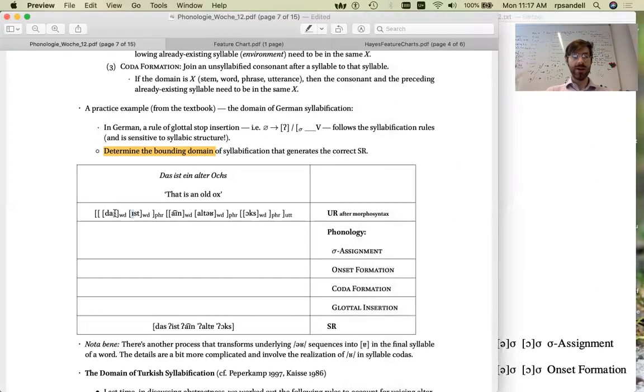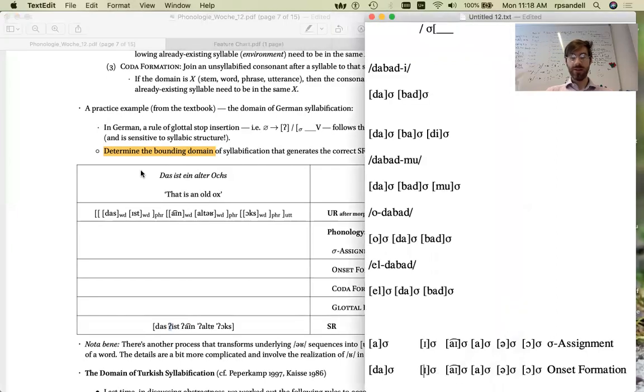So this I, we can see that an S occurs to its left. These two morphosyntactic words, das and ist, are part of the same phonological phrase, we're assuming here. And notice, importantly at the end here, that the glottal stop is inserted before the vowel I in this case.